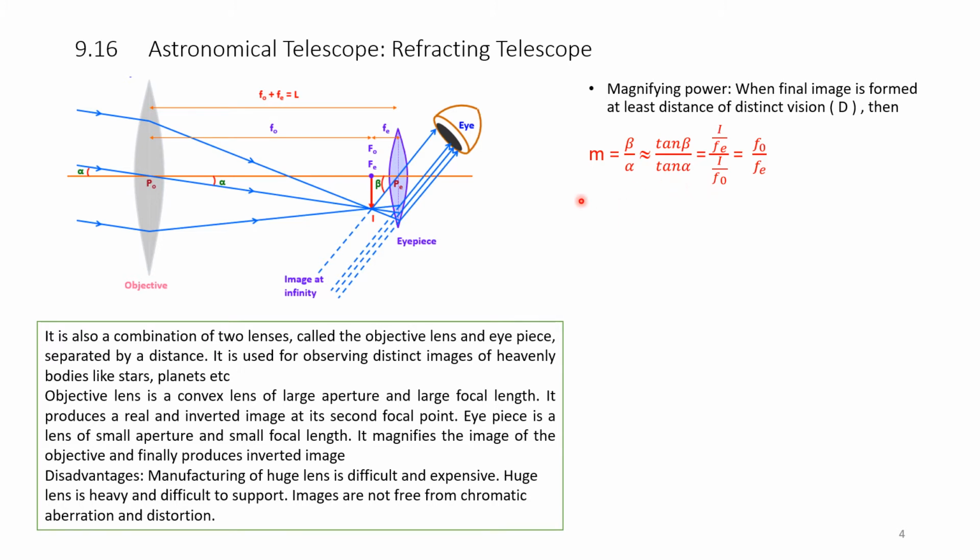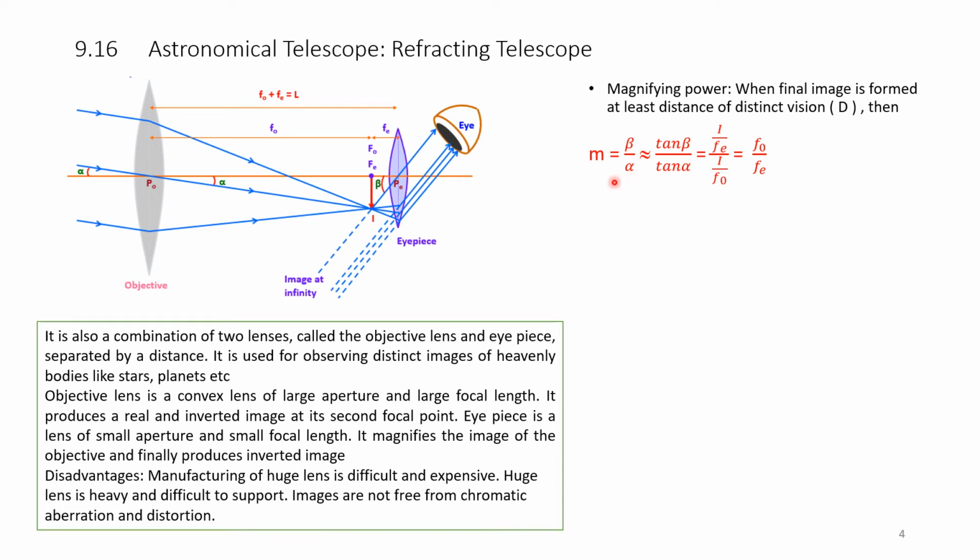So tan beta is opposite side by adjacent side, that is, I divided by Fe. And tan alpha is once again I divided by F naught.